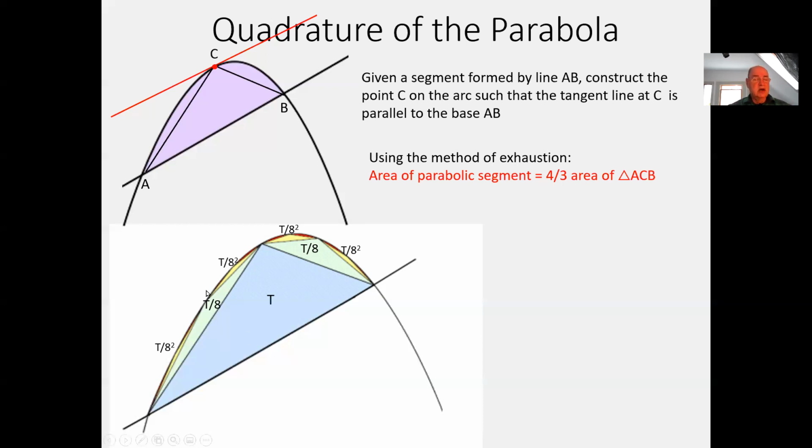A point here, which the tangent line will be parallel to this line, and looking for a point here in which the tangent line will be parallel to this line. He repeats this over and over again, creating smaller and smaller triangles, stuffing this in.